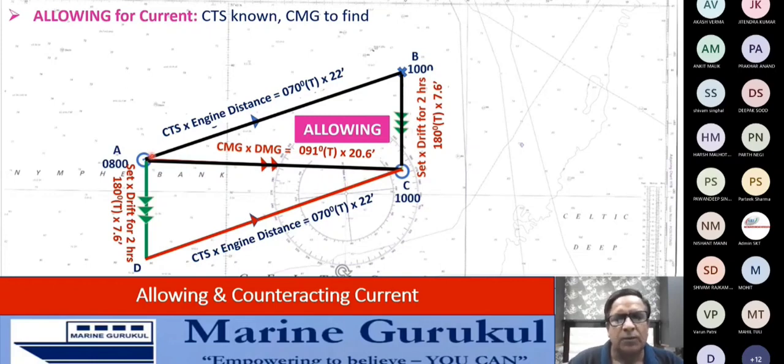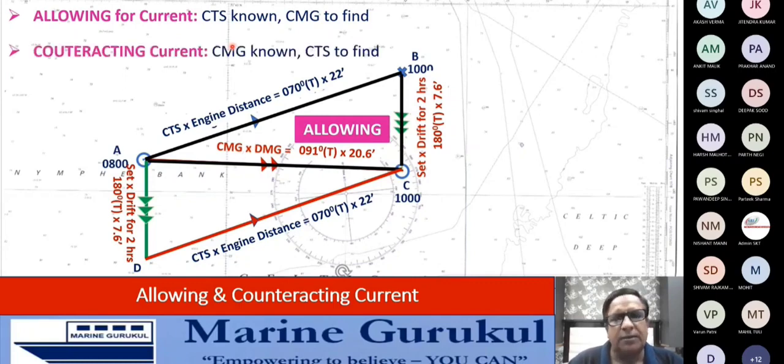That means we'll draw the CTS track, and at the final end point of the CTS track, or if you want to call it as the DR position, we shall be drawing the current at this point and completing the triangle as we had seen earlier to get the CMG and the DMG.